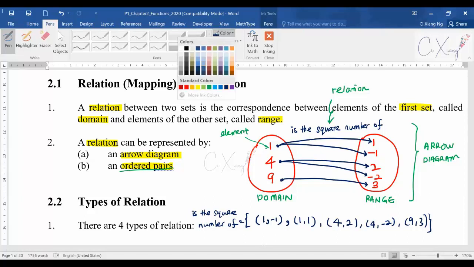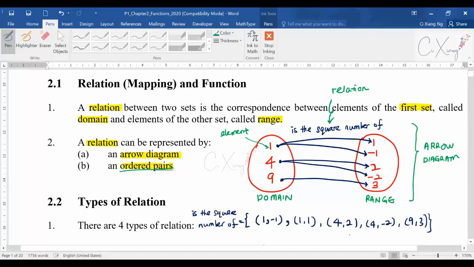But we seldom see this kind of pattern. We seldom write out our function or relation in ordered pairs, because generally it looks very confusing. When we learn coordinate geometry, you also write it in a bracket form like this, so sometimes when people read the values, they will miss the meaning.